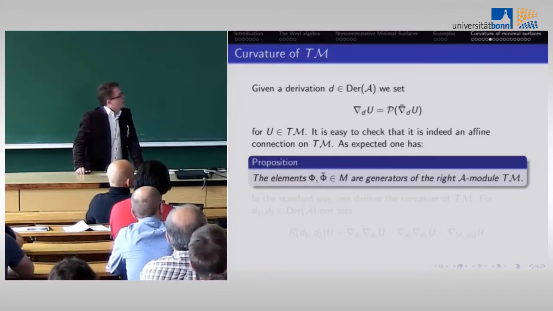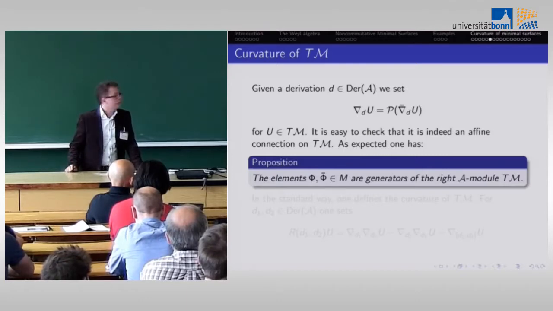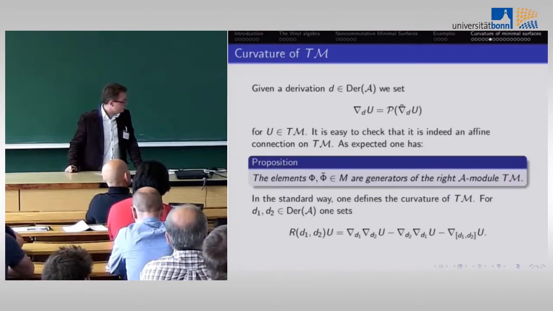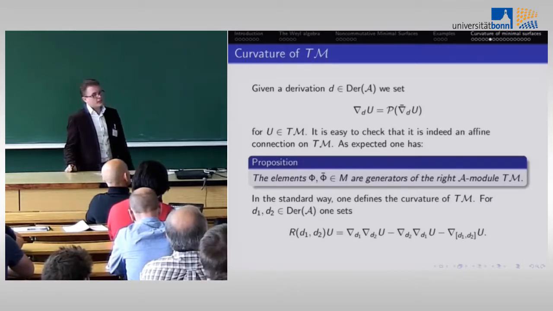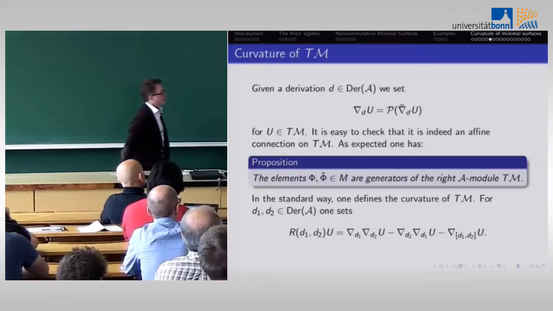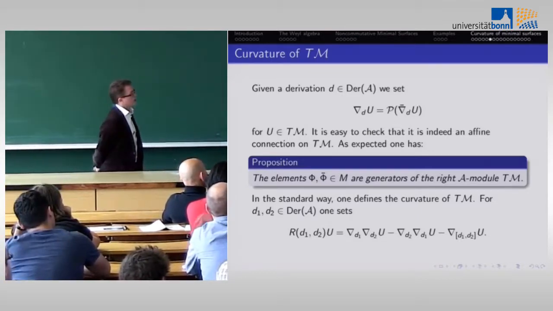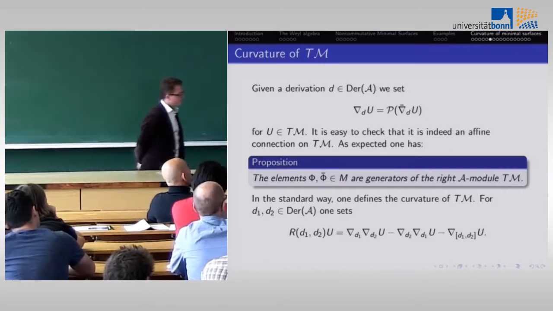And as expected, these elements phi and phi bar that you chose to define the minimal surface, they generate this right A module, TM. And once you have a connection, of course, you define curvature in the standard way as the failure of this connection to be commutative with respect to two derivations chosen in the algebra. Okay?